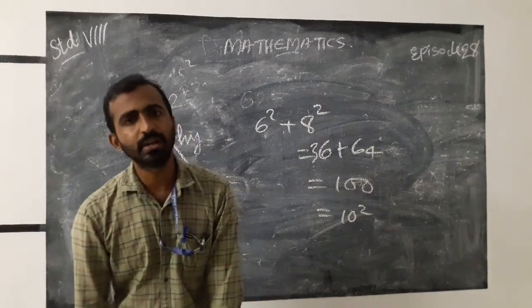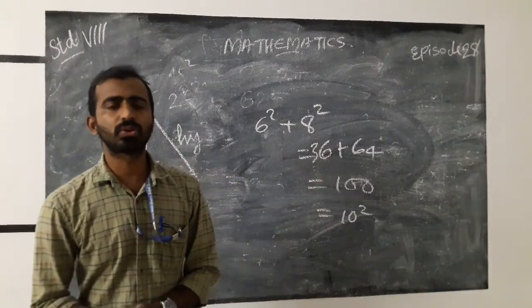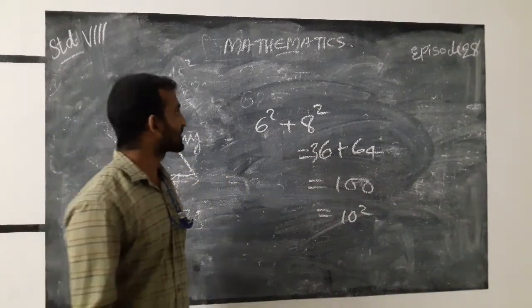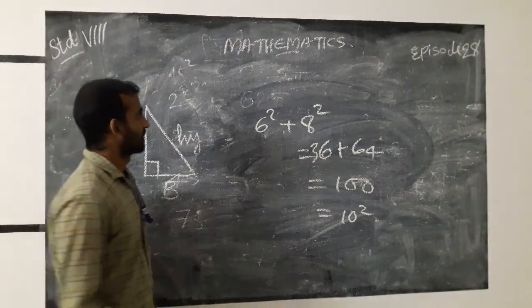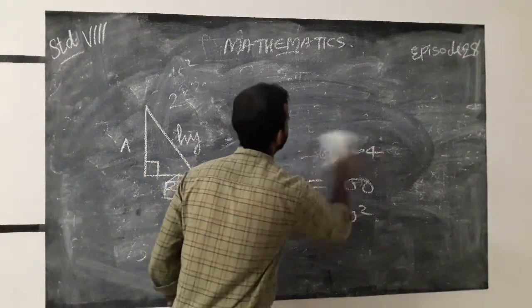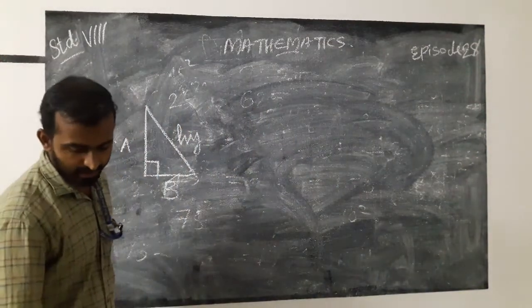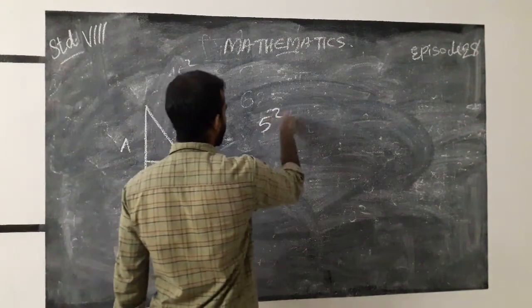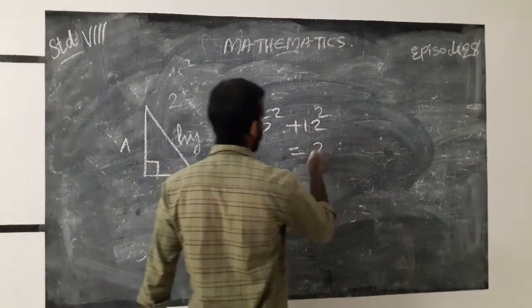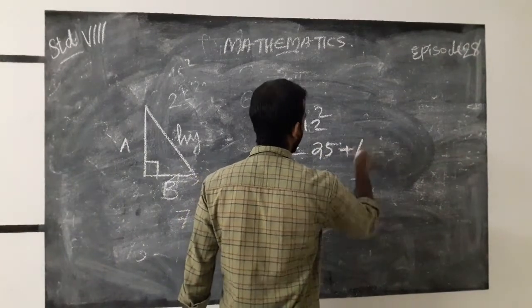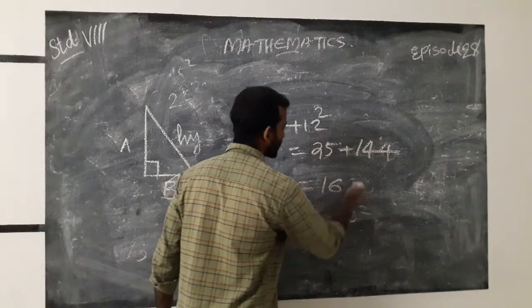For another example, 5 square plus 12 square. That is 5 square means 25, 12 square means 144. We can write it as 169.